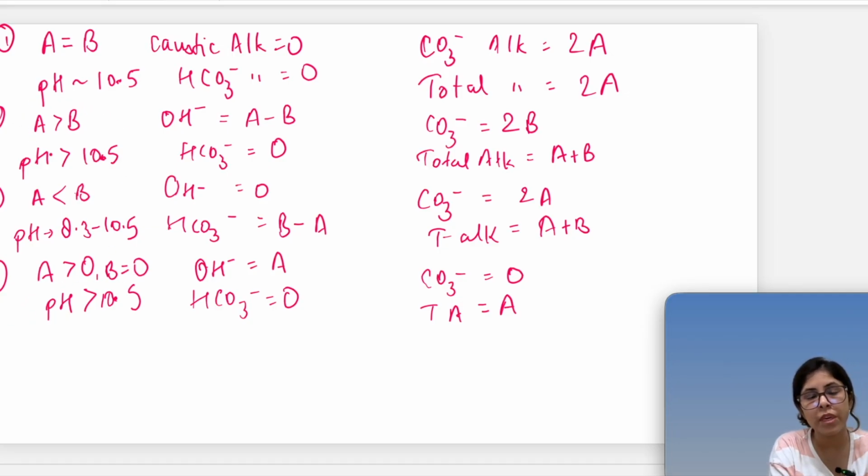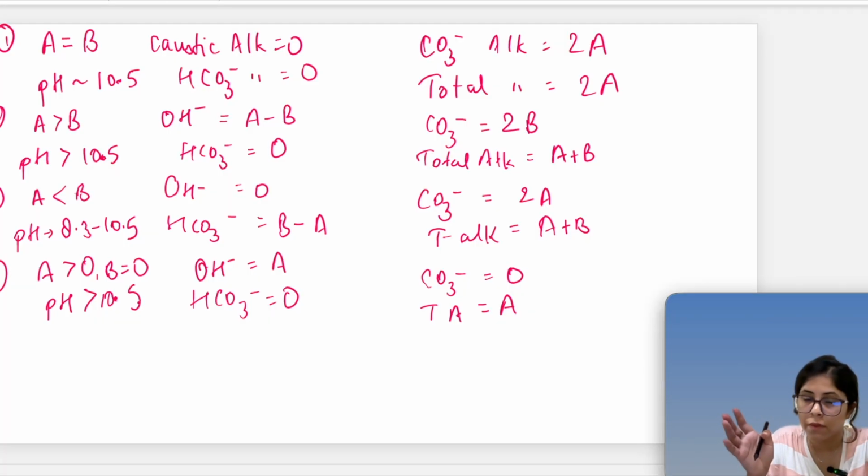So in this case A is greater than 0 and B is equal to 0. When B was there, that means a little bit of acid was there to neutralize the carbonates and bicarbonates. That means methyl orange alkalinity was present, and if that was present, we would have carbonate and bicarbonate alkalinity there. But in the fourth case, there was no methyl orange alkalinity present. That means we were not having any carbonate or bicarbonates in there.